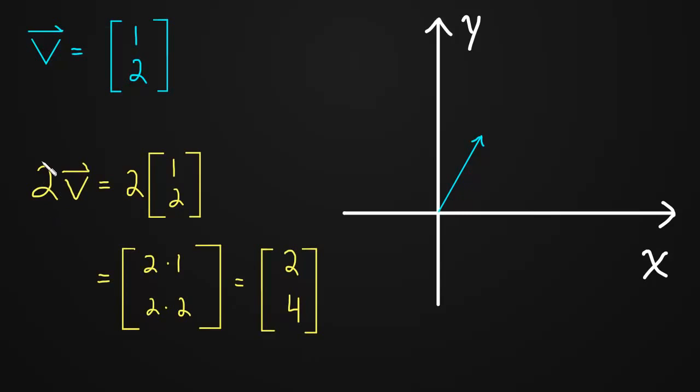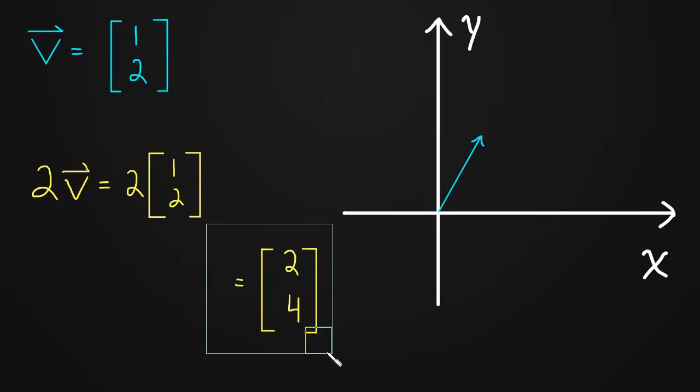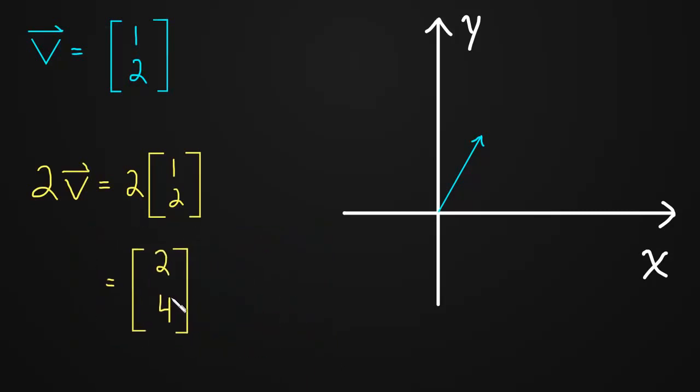And we call this number 2 a scalar multiple. And there's a good reason we call it that, because what it does is it scales the vector. Let me show you that. Here is our original vector, just v.